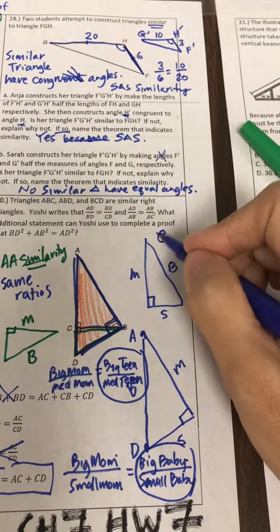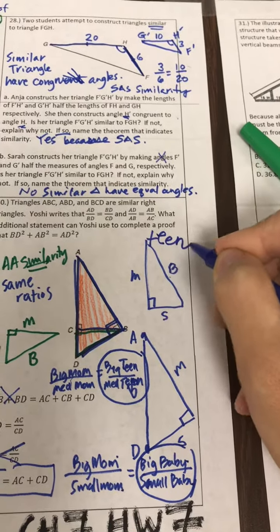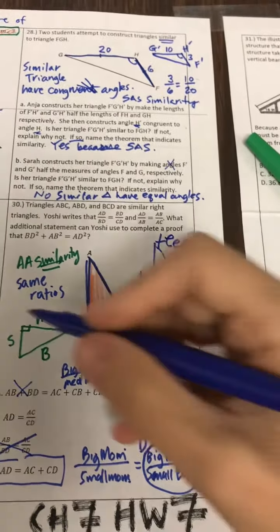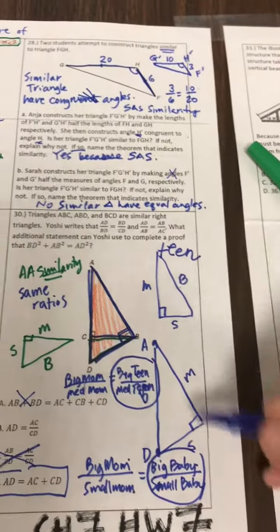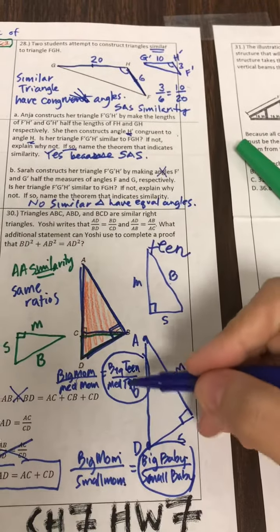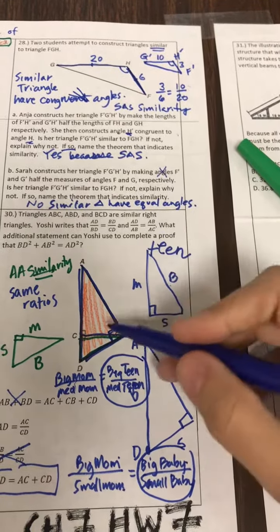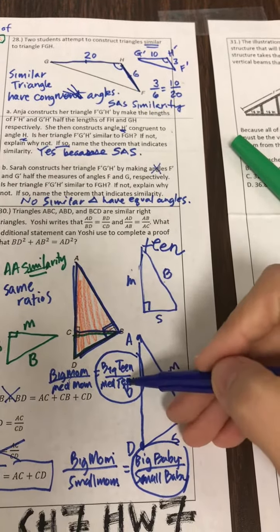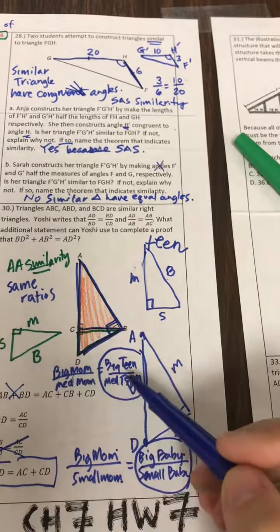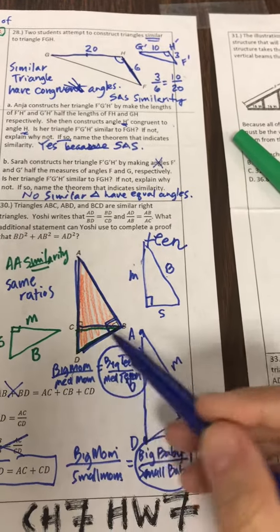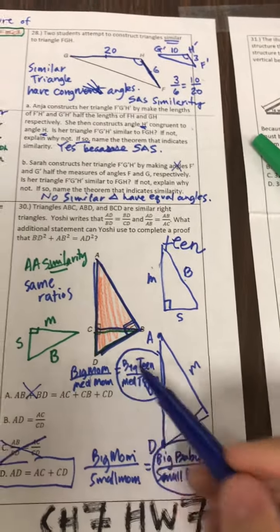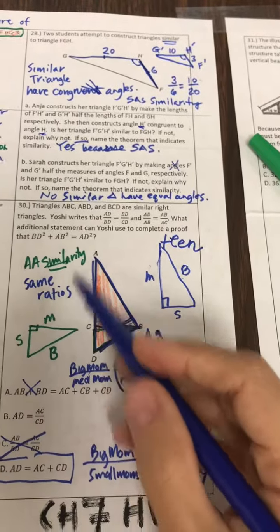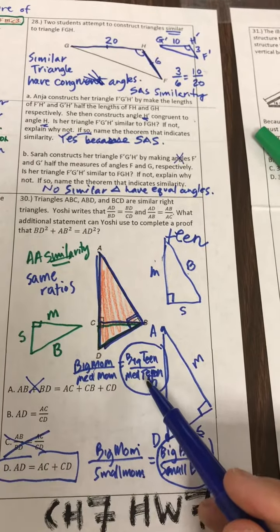I call this one the teen, because I've got a mommy, a baby, and one right in between. So the big side of the teen over AC, that's the medium side of the teen. So we have ratios set up here, and those ratios should be equal to each other because they make the same ratio.